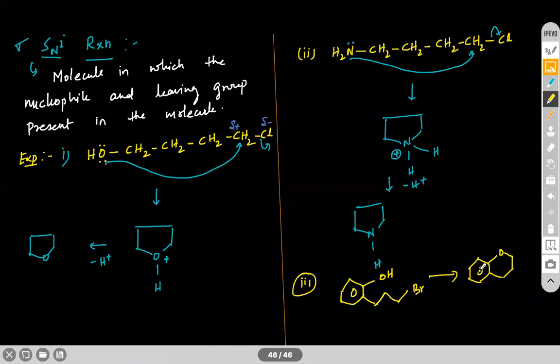Okay, so this H plus that we are removing here actually takes place in presence of a base. Okay, so everywhere we have a base here, then the removal of H plus will be easier, right? So these SNi reactions take place in presence of a base, which we use in the second step to remove the H plus as proton.